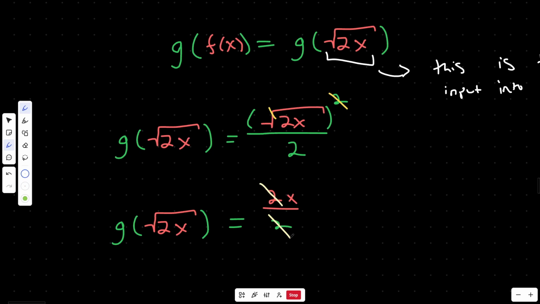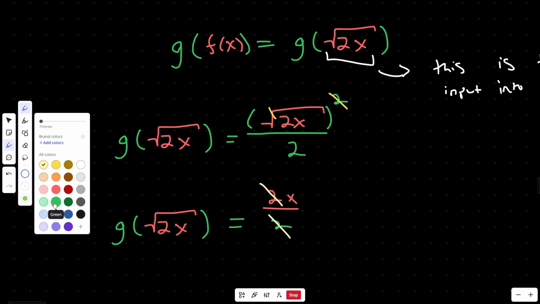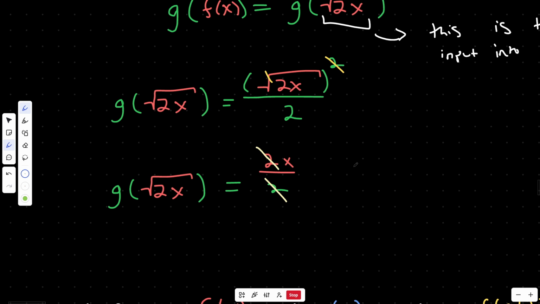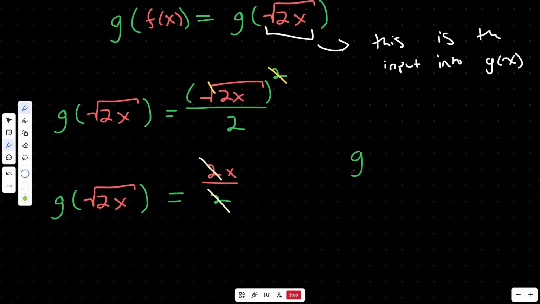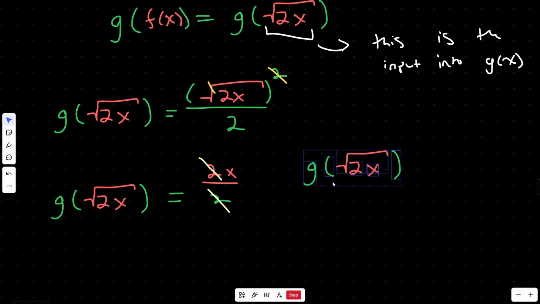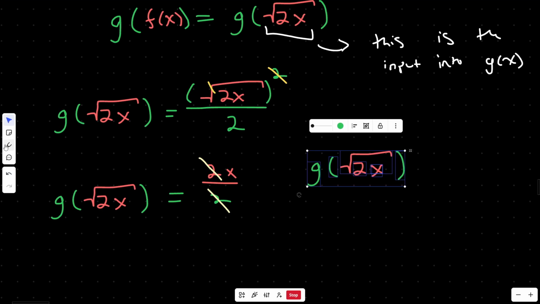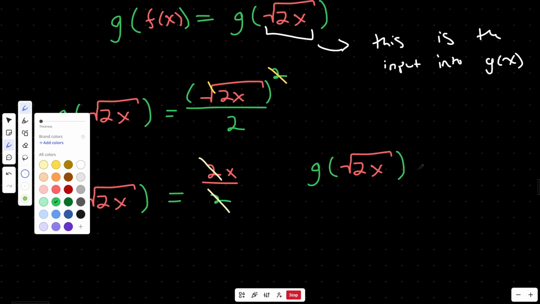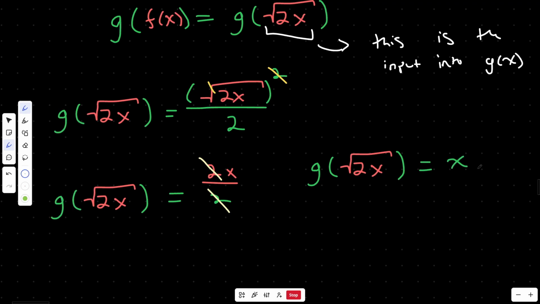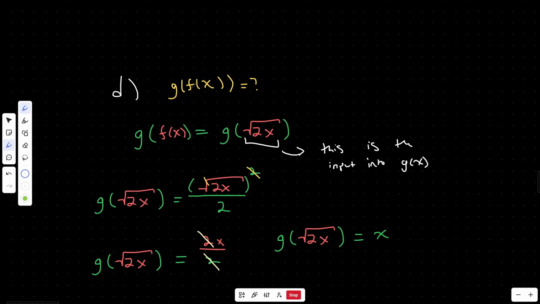And we are left with g of the square root of 2x, and this is just equal to x. So we can write in more correct terms based off the question: g of f of x is equal to x.